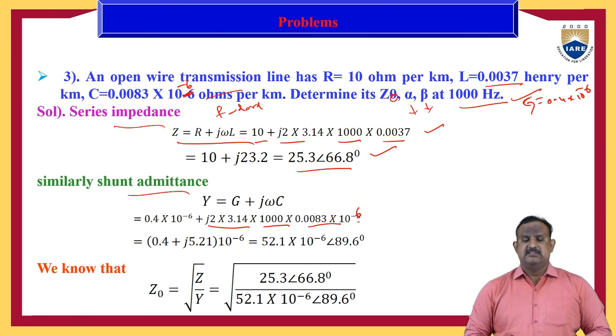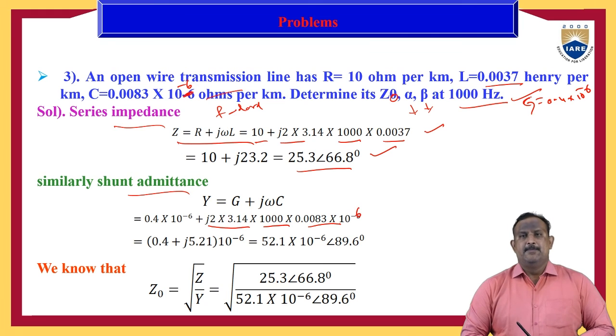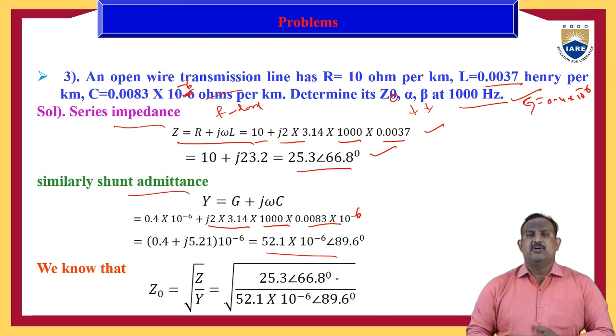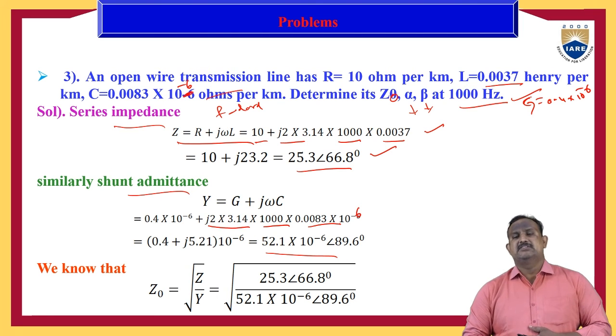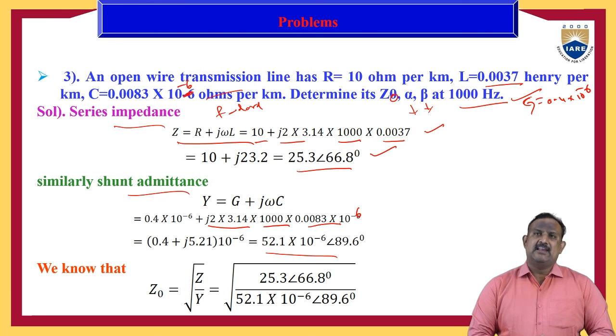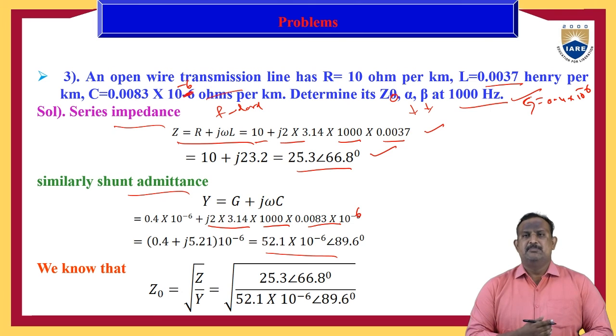If we simplify, it is 0.4 plus j 5.21 into 10 power minus 6, which in polar form is 52.1 into 10 power minus 6 with an angle of 89.6 degrees.